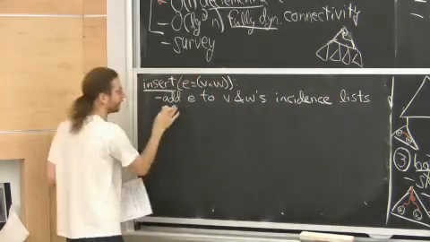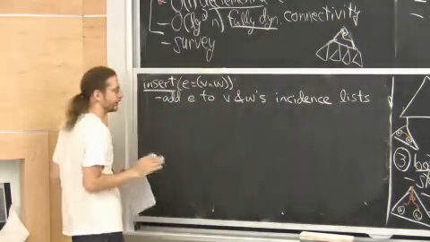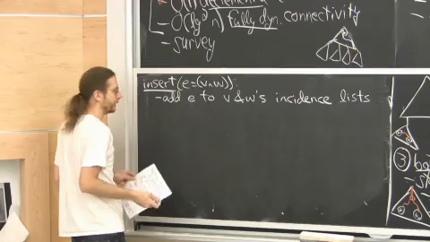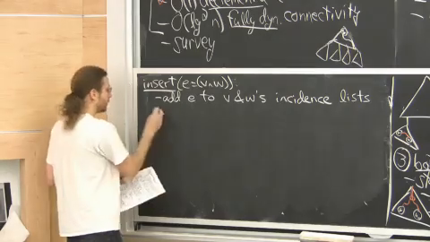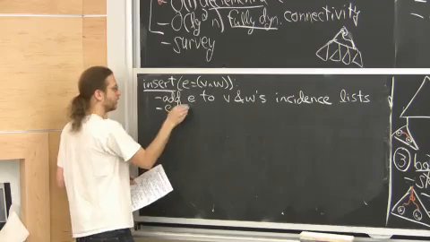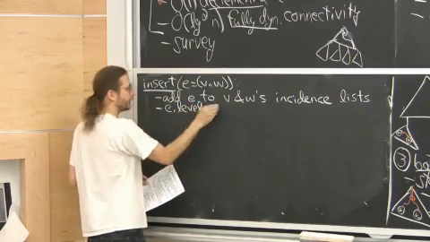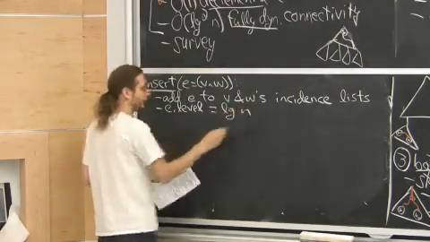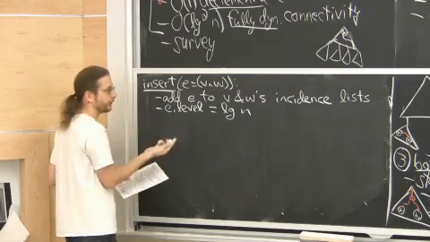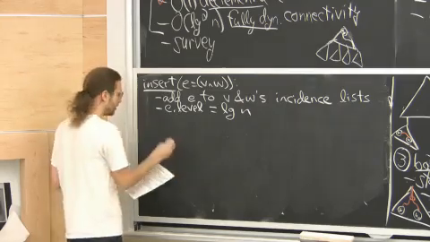So in constant time, we can add our edge to V and W's incidence list. That's not maintaining any order or anything special. Then we also set the level of the edge to be log n. That's what I said. Every edge starts at level log n.